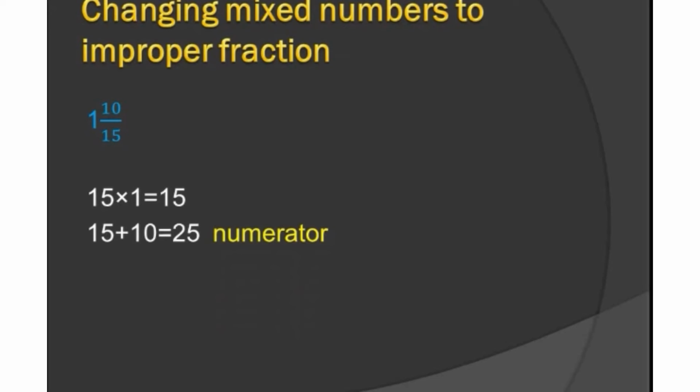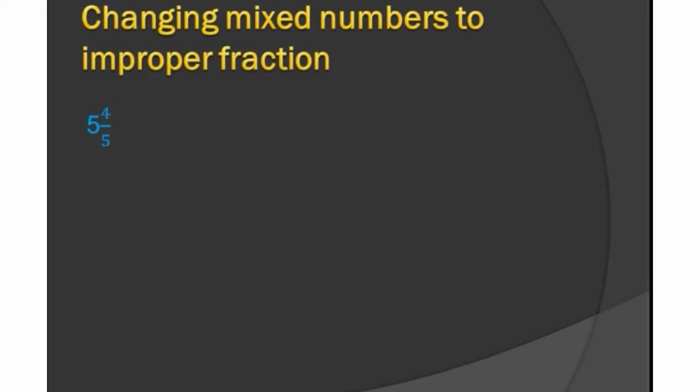So 15 plus 10 is equal to 25. And the answer you get, you will write this as your numerator. Therefore, 1 and 10 over 15 is equal to 25 over 15.